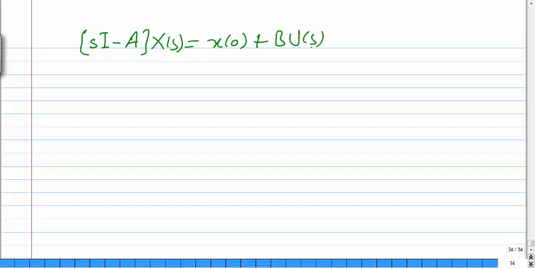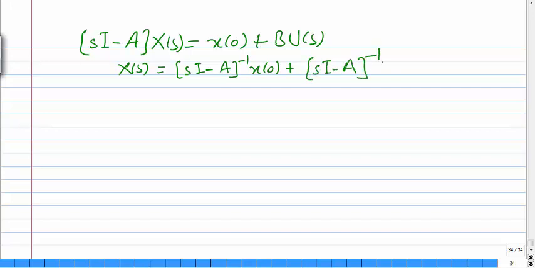Now after that, if we want to find X, we can write this X at one side for the first equation. Or in other words, we can calculate X(s) as (sI minus A) whole inverse X(0) plus (sI minus A) whole inverse B times U(s).